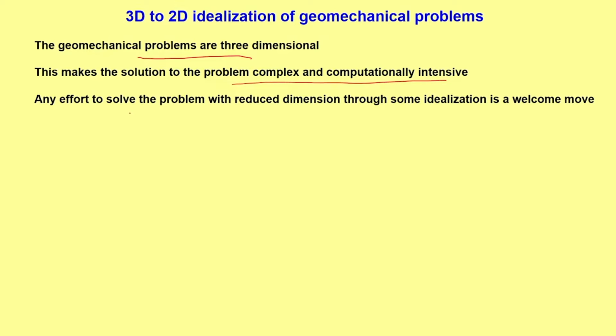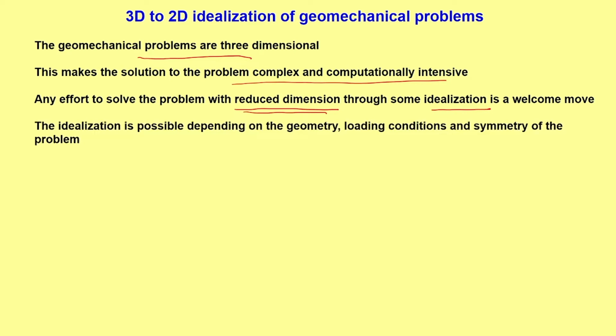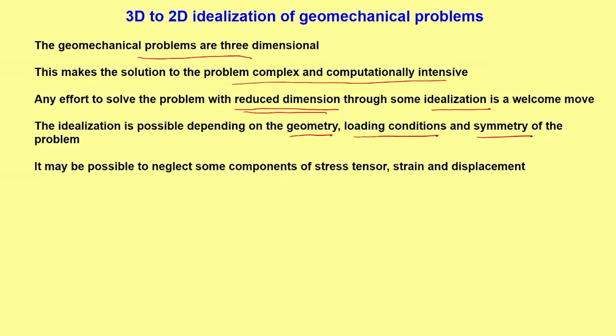So, any effort to solve the problem with reduced dimension through some idealization is a welcome move. The idealization is possible depending on the geometry of the problem, loading conditions and symmetry. So, based on these 3 factors, one can idealize a 3D problem to a 2D problem.